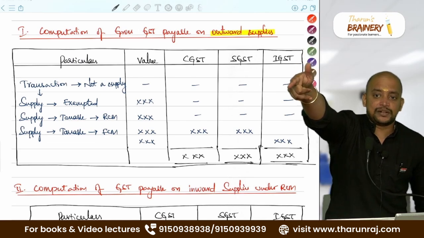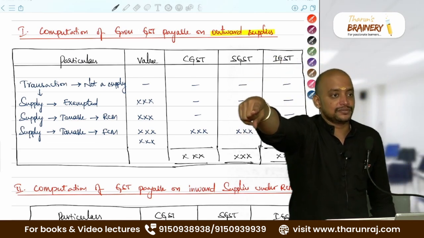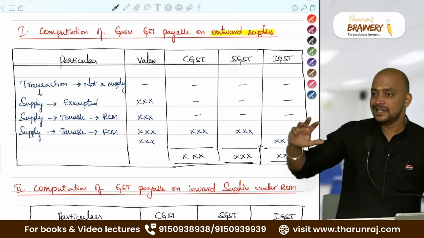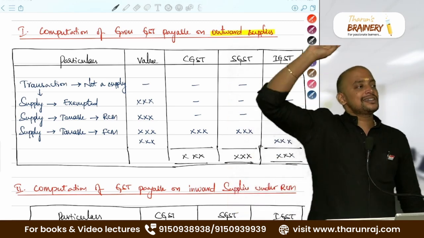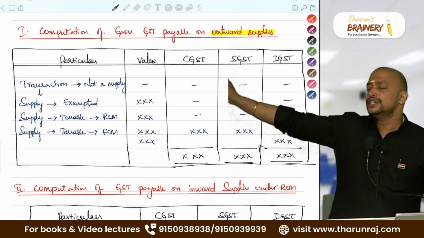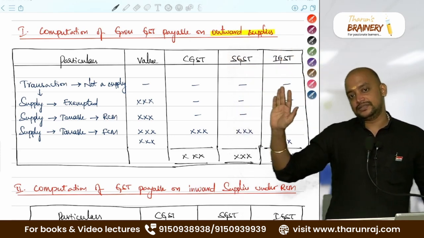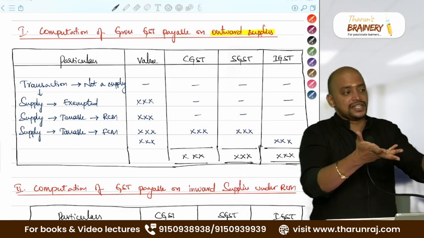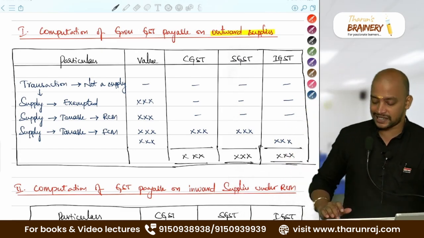In the first statement, if there are exempted supplies or supply under RCM, definitely there will be reversal, because there will be common services, inward supplies. So reversal will definitely arise.